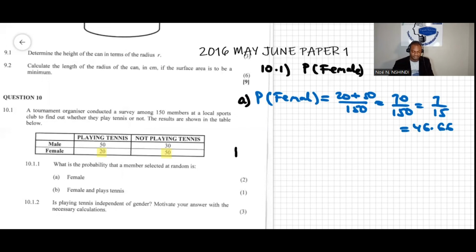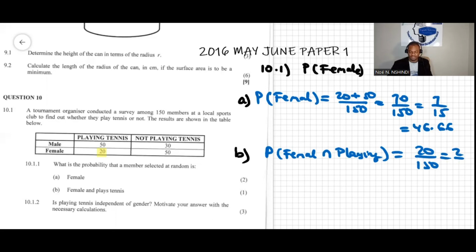And then B says female and playing tennis. We can see that female and playing tennis is just 20. So this is the probability of female and playing tennis, the intersection. This will be 20 over 150, which is 2 over 15.